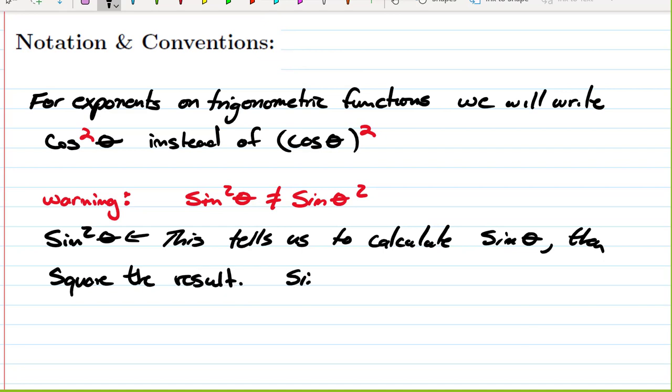So in symbols, sine squared theta is sine theta times sine theta.